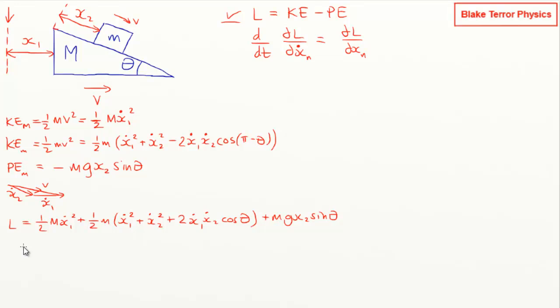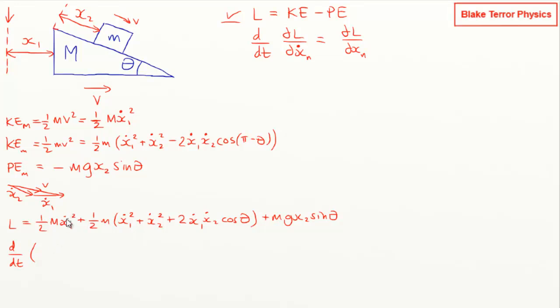Okay, so we need to now differentiate this thing 4 times, because we've got two equations and we have to differentiate it with respect to each velocity and position. So let's do all of these then. So let's set up our first Euler-Lagrange equation then. So we've got d by dt. Let's go for x1.